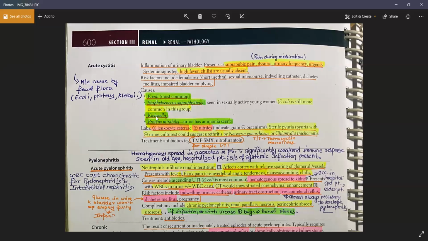The third one is Klebsiella. Proteus mirabilis can also cause that, and you will also have a staghorn stone, white stone, in case of Proteus. Klebsiella can also do that. So these are all examples of organisms that can cause cystitis in a patient. These are not the nosocomial ones; they are generalized.